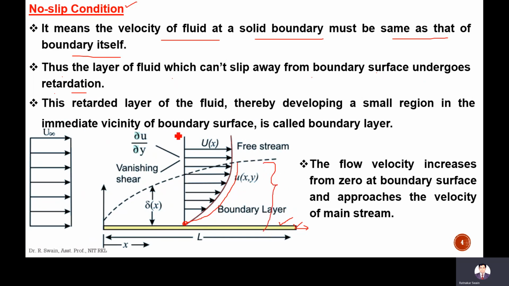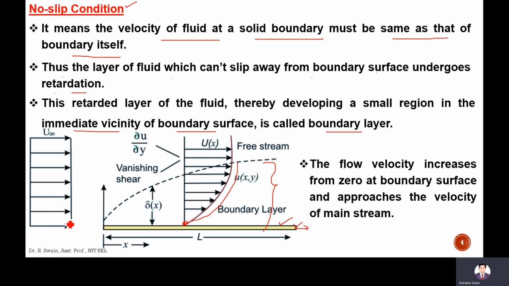This retarded layer of fluid, developing a small region in the immediate vicinity of the boundary surface, is called the boundary layer. In the immediate vicinity of this boundary, where retardation occurs, is called the boundary layer. Here the velocity is less than this u, which is the original velocity before meeting the boundary.